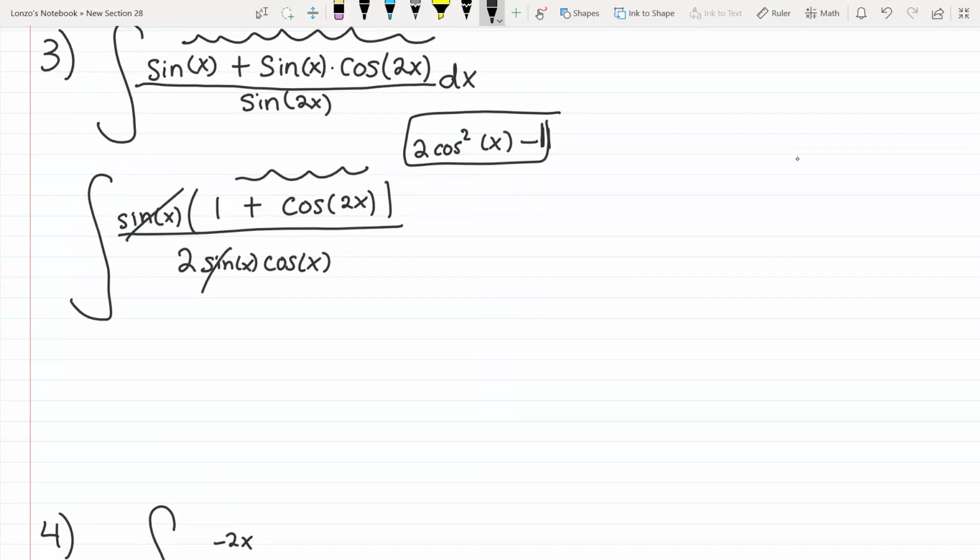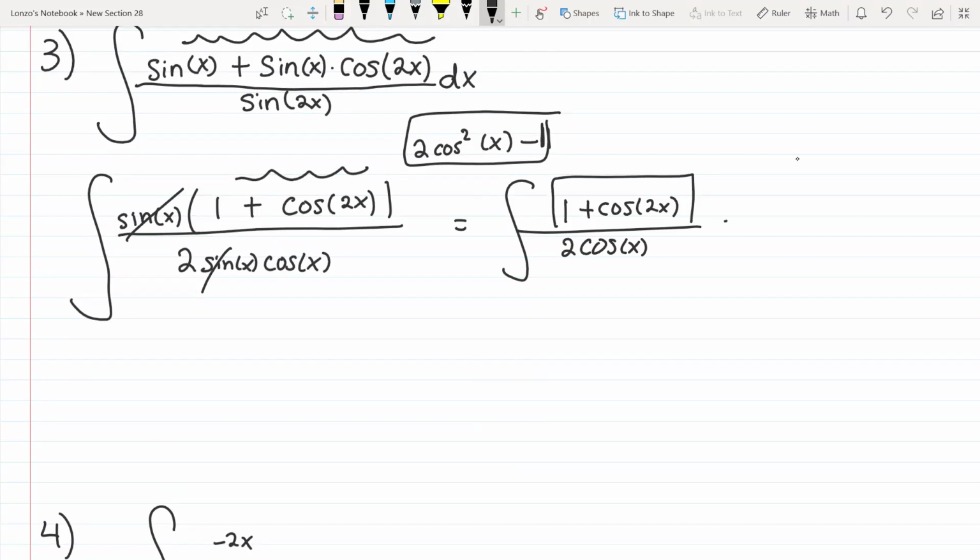The sin x. So you're left with 1 plus cosine 2x all over, this sin x cancels, you're just left with 2 cosine of x. And then we said that this right here is a double angle, and that could be expressed as 2 cosine square x.